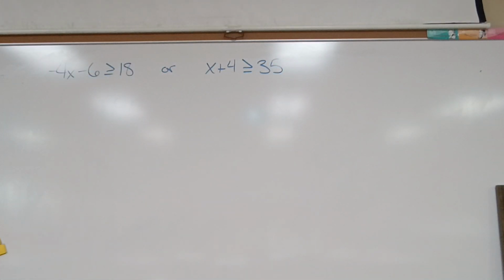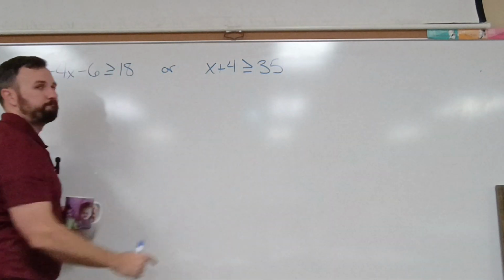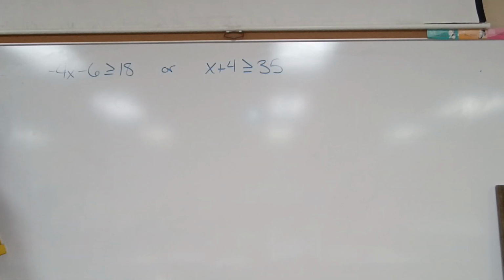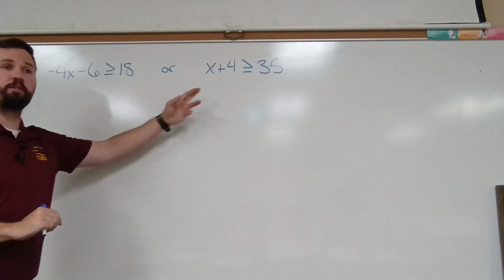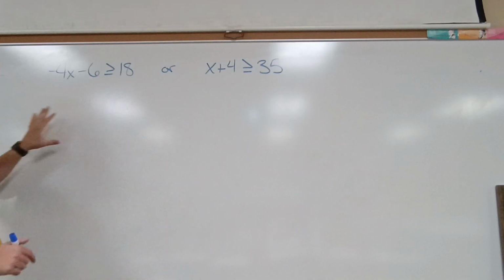So this is an or. If I affect this equation, do I have to do it to that one? No. Treat them independent of each other. Treat them like two separate things. So pretend like the or is not even there. Just solve both, and then that's going to be your answer. Okay? You're going to have two parts to it.